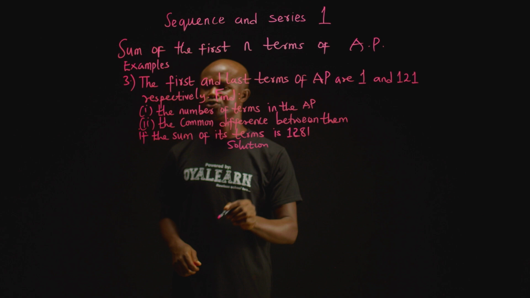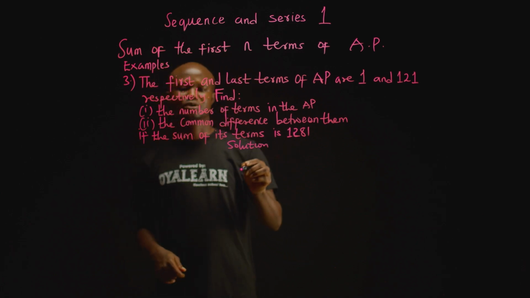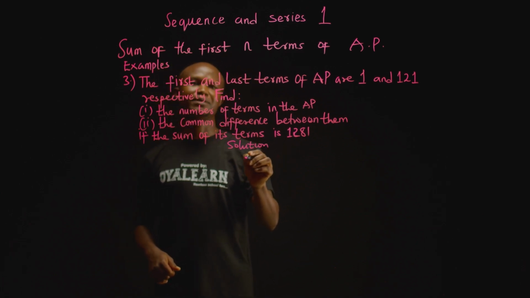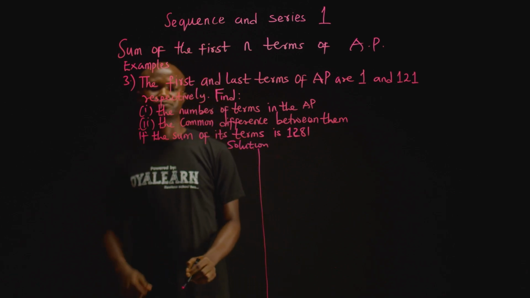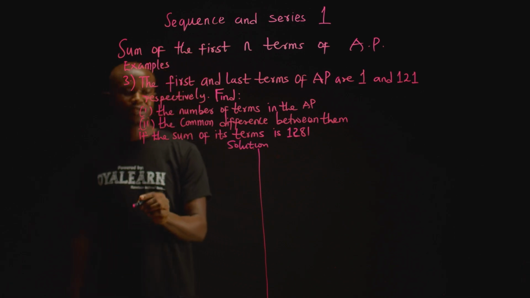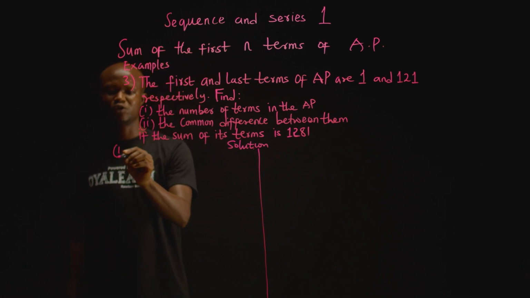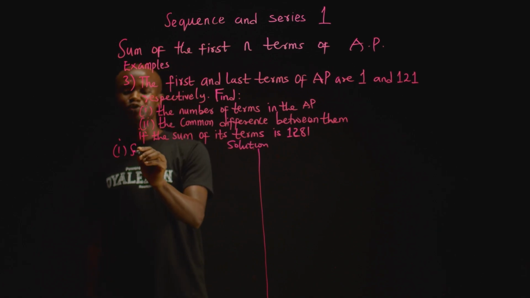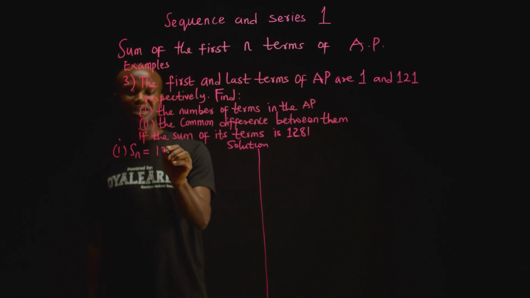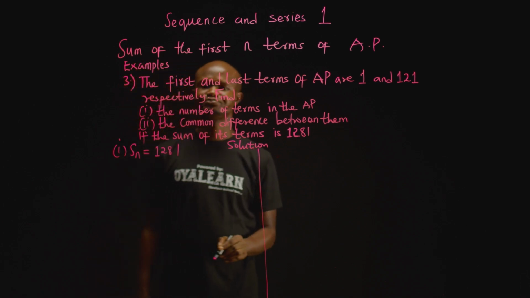Solution. The first thing we need to do is to list out the parameters from the question. From the question, from our figure 1, we're given Sn to be equal to 1281. We don't know the value of n.